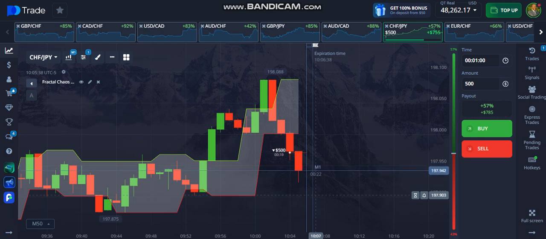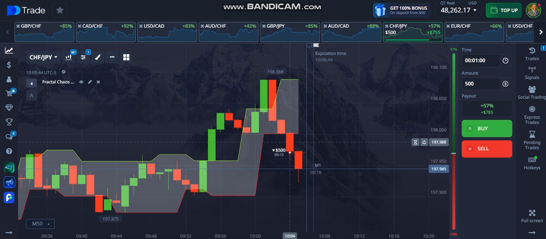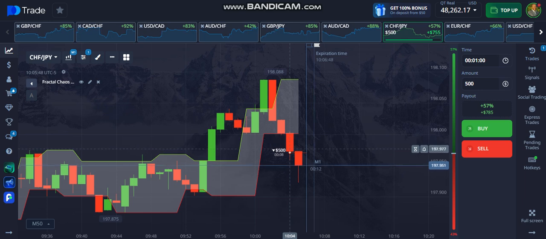So let's watch this trade. It seems to be pushing downward. And I took the trade before the actual candle closed here because I knew the candle was going to close below the lower boundary of the chaos band line here.